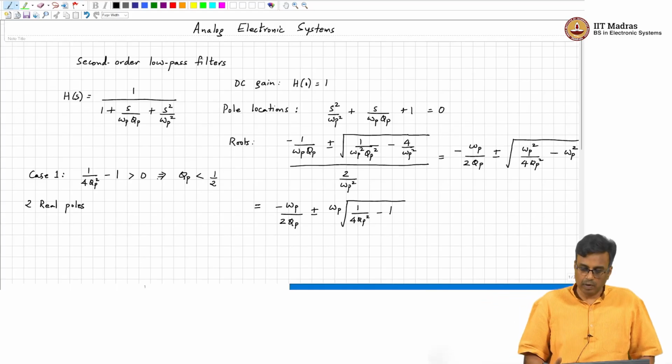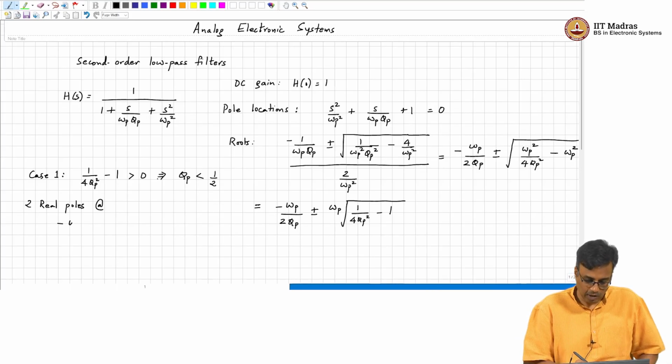You have two poles on the negative real axis, and the poles are at minus omega p times 1 over 2 Q p plus minus square root of 1 over 4 Q p squared minus 1, actually you can remove the 1 over 2 Q p also outside, I believe.